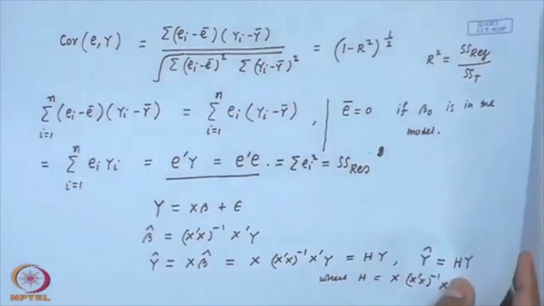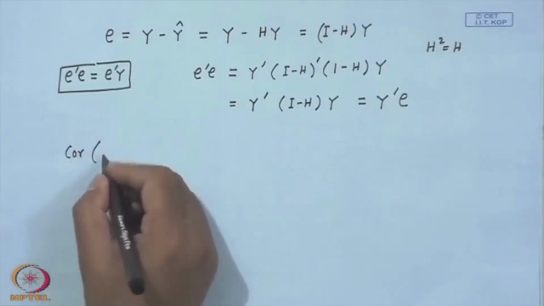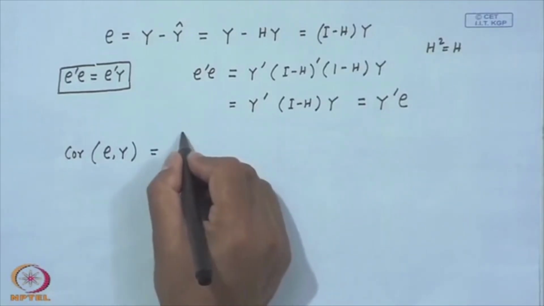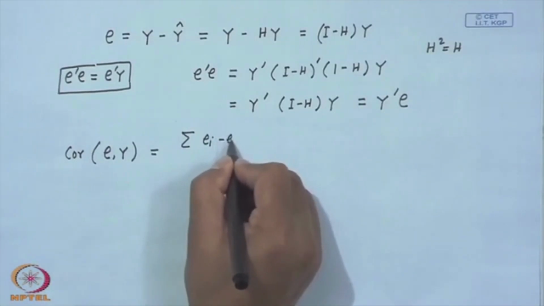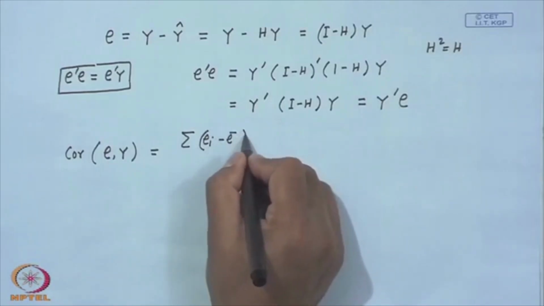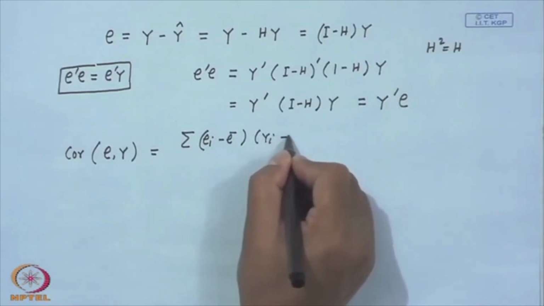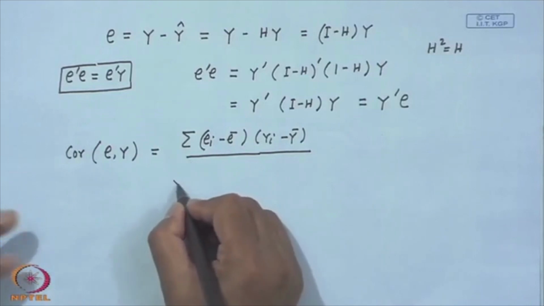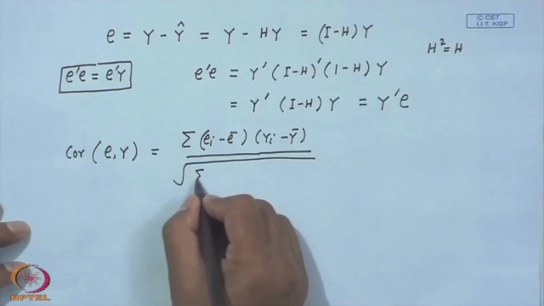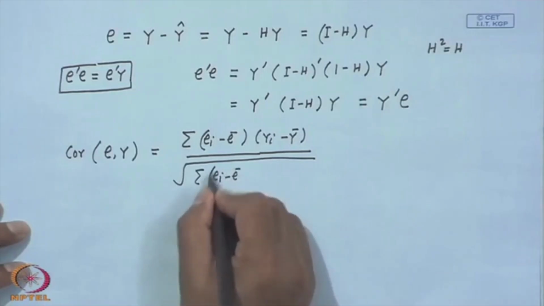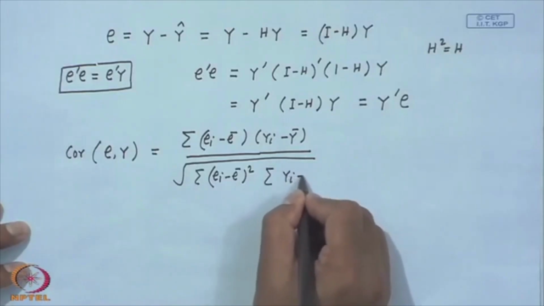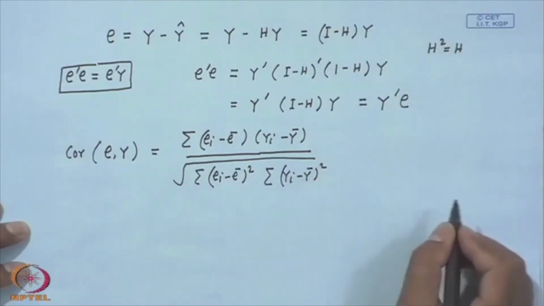Let me write down once more here. So, we want to find the correlation between E and y, which is equal to summation (E I minus E bar)(y I minus y bar) by square root of summation (E I minus E bar) square times summation (y I minus y bar) square.